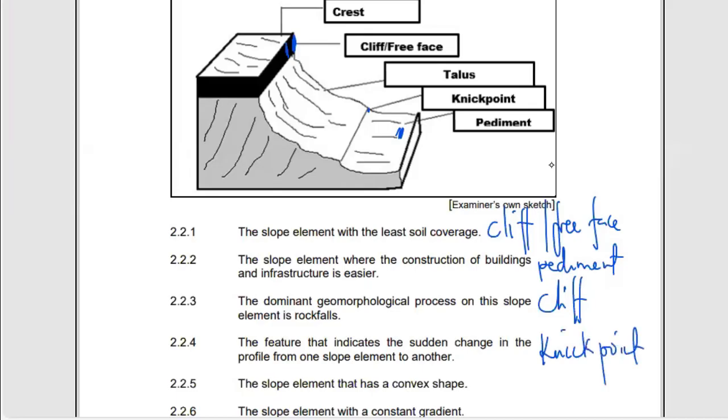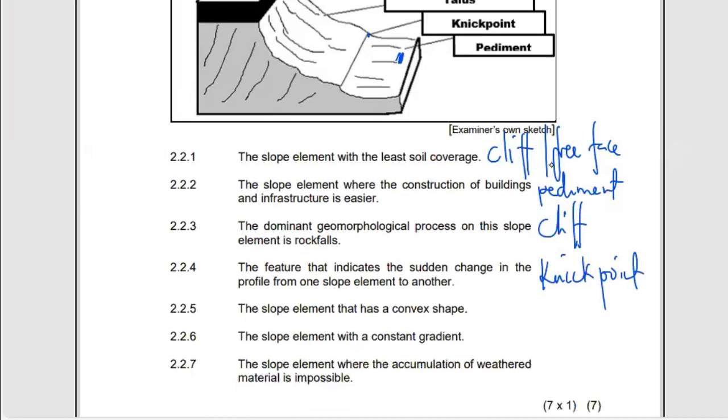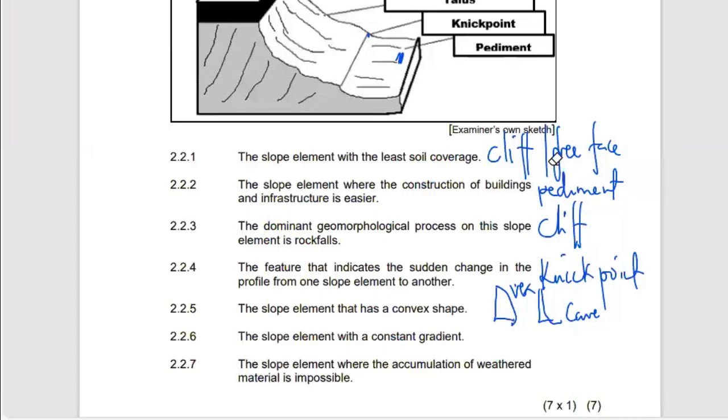Right, the next question is saying the slope element that has a convex shape. Remember the difference between convex and concave. This is a concave, this is a convex. Right, so we want an element where we find a convex slope.